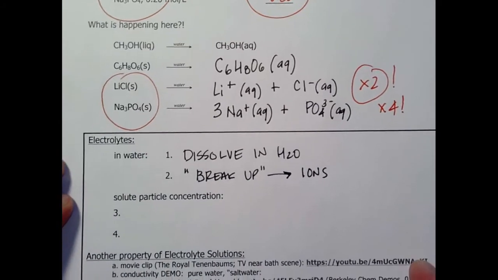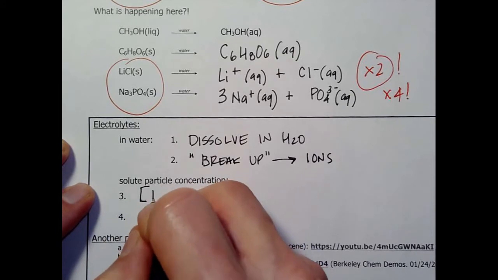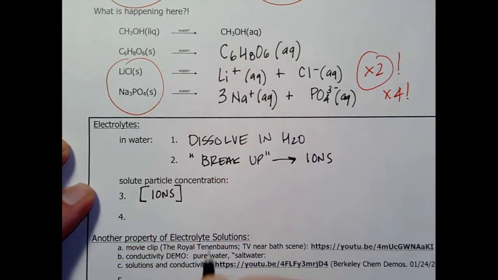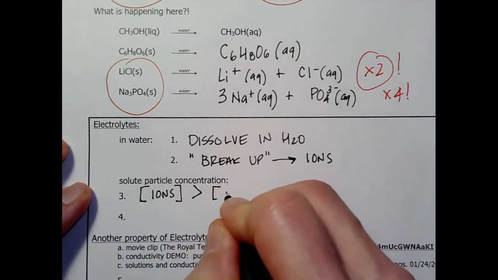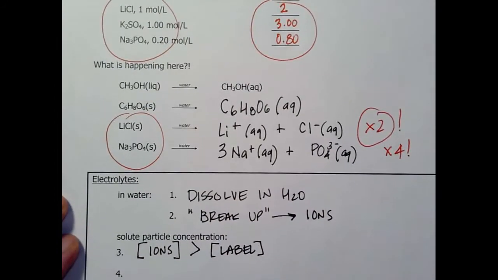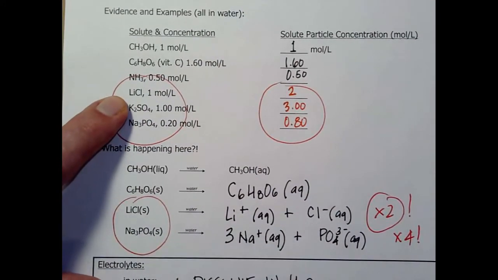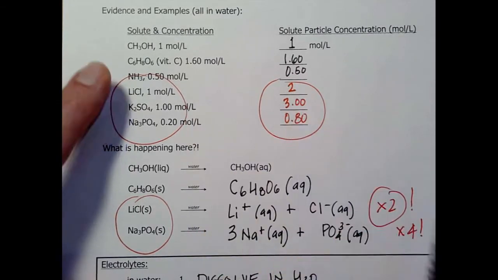Now, this means a couple of things. The concentration of the ions, the moles per liter of ions, is greater than what's on the label. In other words, I had lithium chloride, 1 mole per liter, but the concentration of ions was actually 2.